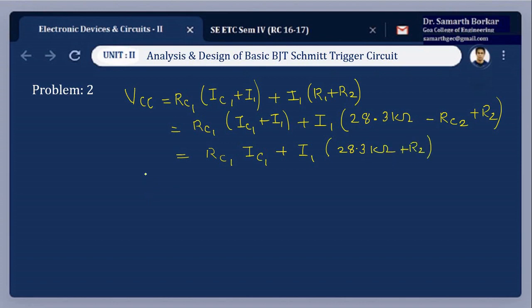So RC1 equals VCC minus I1 into 28.3 kilo ohms plus R2, divided by IC1. So you substitute the values.